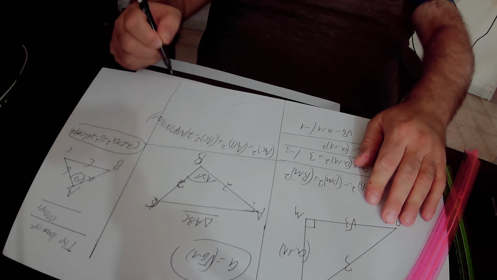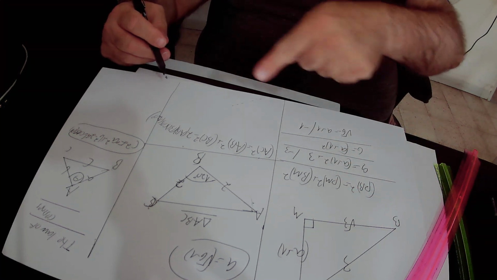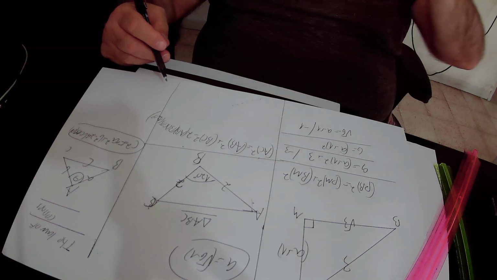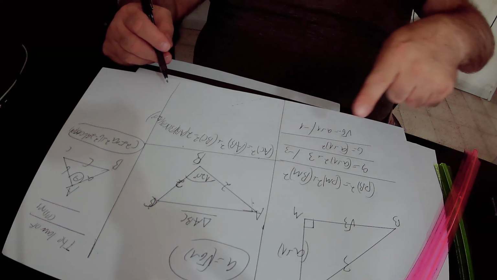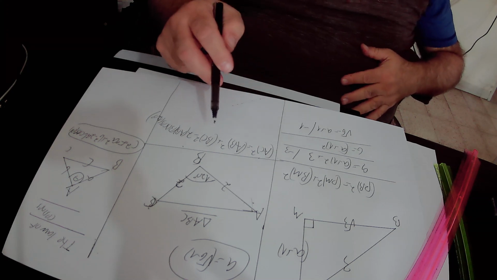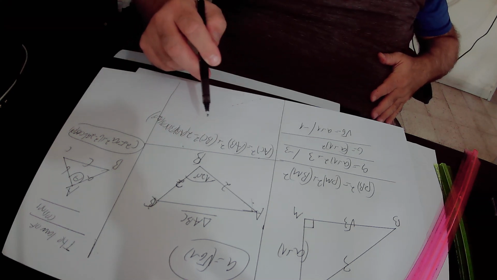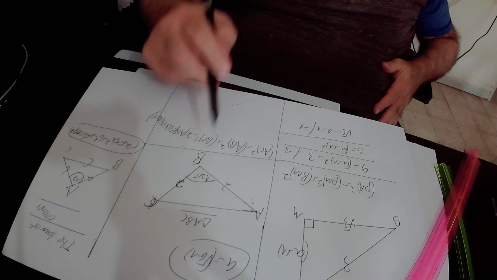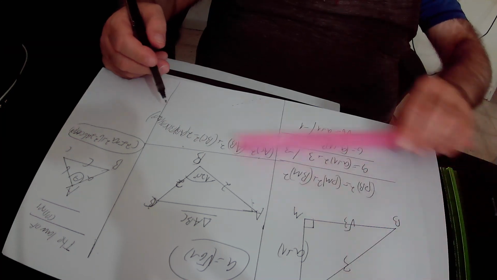This equation is the implementation of the law of cosines in our triangle ABC.